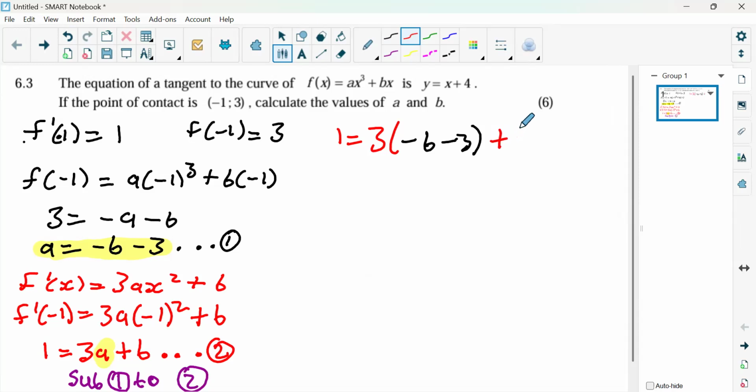So we can expand after this. 3 multiplied by -b is -3b. 3 multiplied by -3 is -9. So -9 plus b. We can group the ones that have variables on one side and the ones that don't have variables on the other side. So the 9 is going to jump the equal sign, it becomes positive.